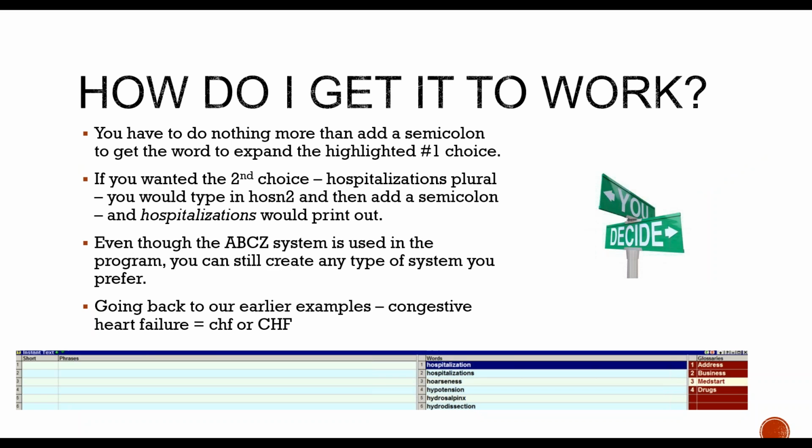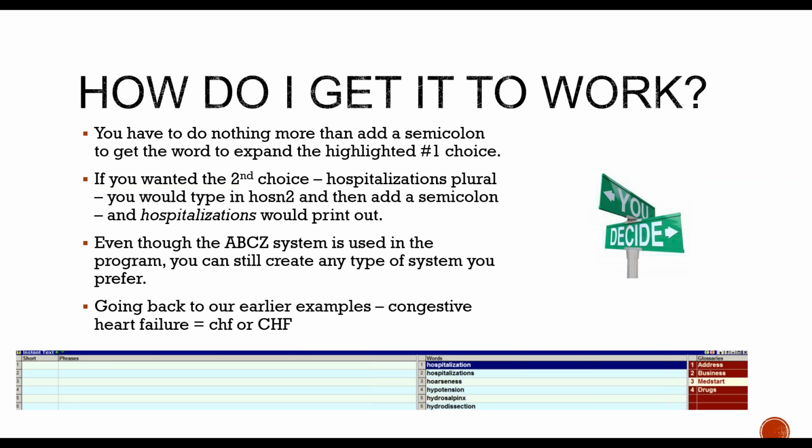Again, just make sure you're very careful about whether you really wanted that word. You really have to do nothing more than type something in, and then within this particular program you just hit the semicolon key and the word expands. For instance, if you had highlighted number 1 and you hit 1, it would come in, or if you just type that in on your screen and you hit the semicolon, it will expand that word.